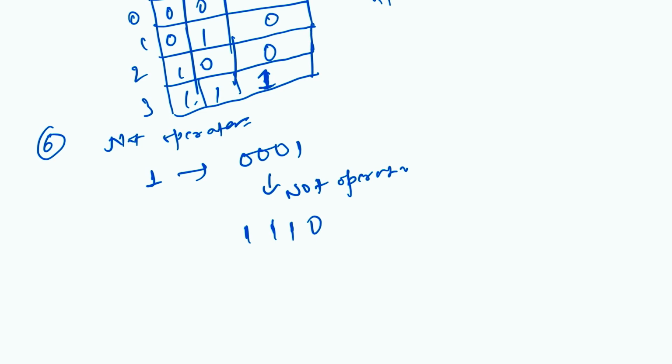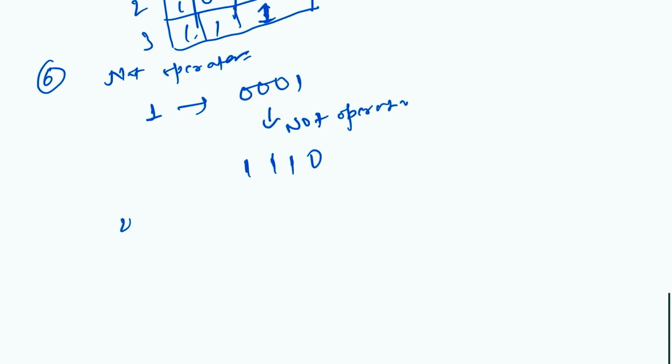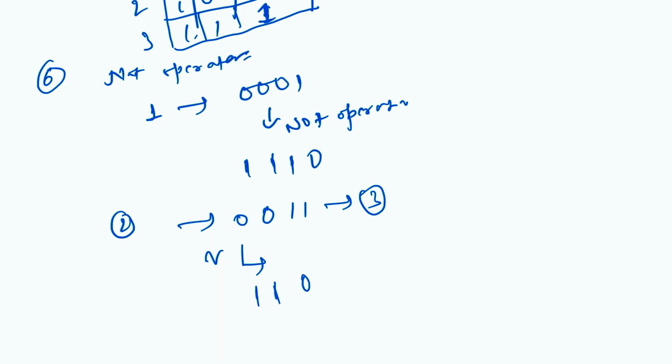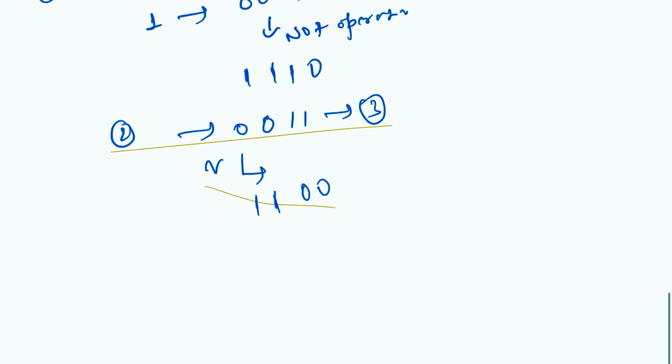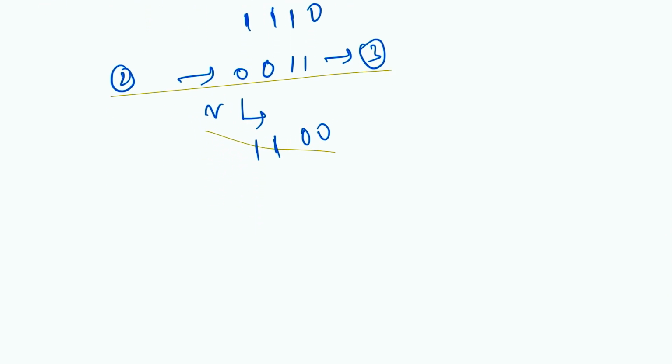Take another example: 0011, which represents 3. If I do the NOT operation on that, the result will become 1100.